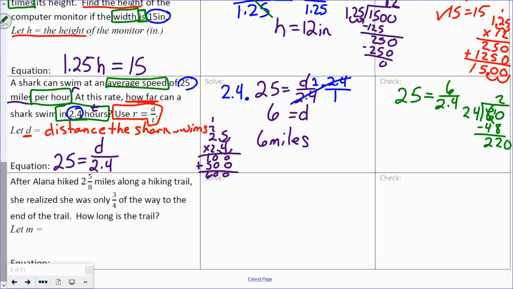Let's copy it down. Oh, you know what? I put my place value in the wrong spot. This is why we check our work. I took my 25 and gave it a decimal point. That was a no-no. So my answer really is 60.